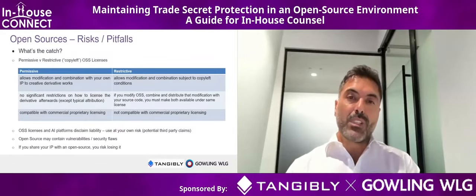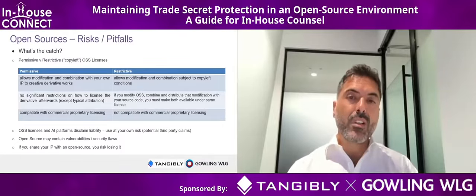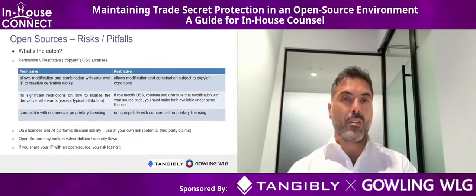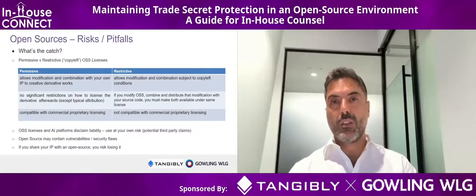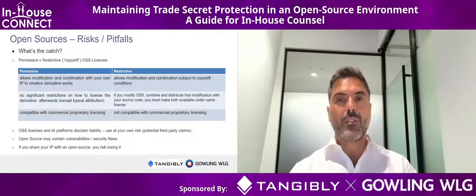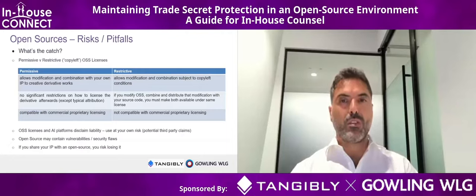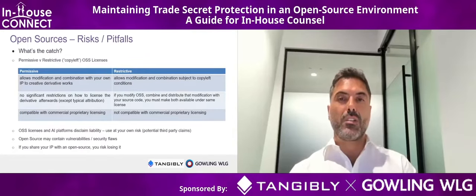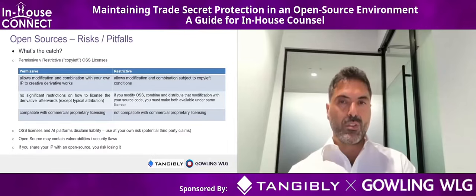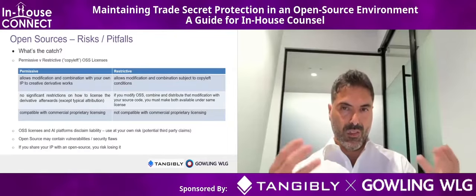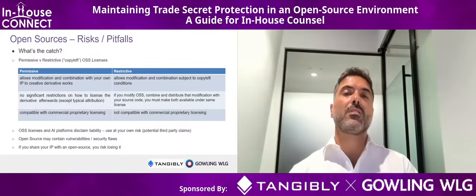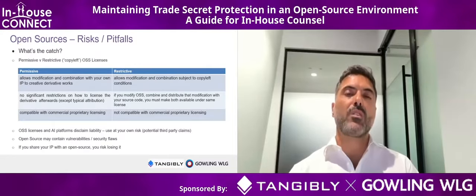The same cannot be said about restrictive licenses. Here we're talking about real copyleft obligations, where on the one hand, the license will allow you to modify and combine the open source, but on the other hand, it will impose on you the obligation, after modifying it and combining the open source with your own source code, to make both the open source and the derivative, the modification, open under the same license terms for everyone to use.